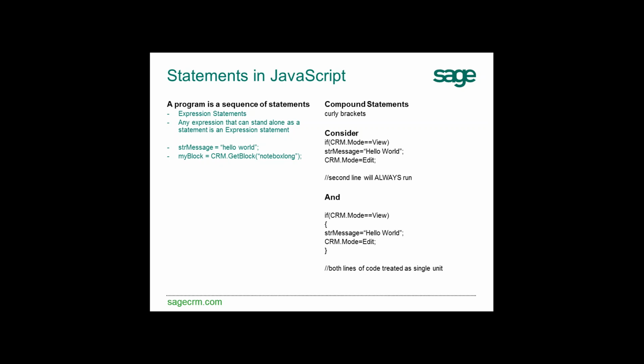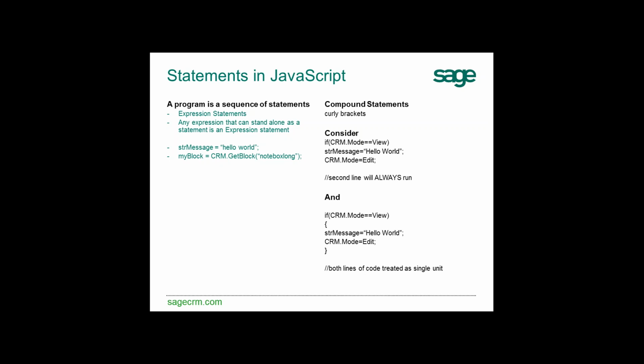If both of those bits of behavior need to be conditional on the evaluation of the test of mode, then what you need to do is put that inside a compound statement. And a compound statement is bracketed inside these curly brackets.